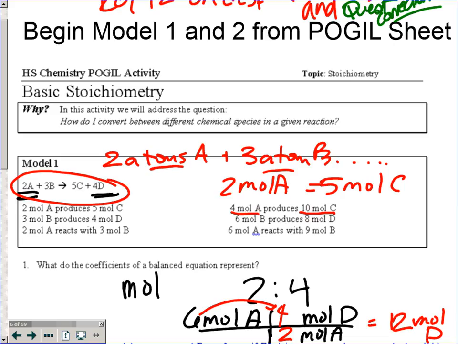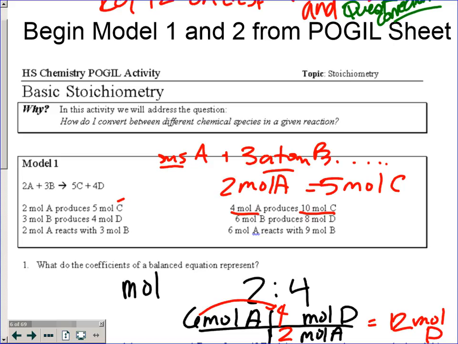If I ever want to convert from, let's say, grams of product D to grams of product A, I have to have a method to get across this reaction. I have to have a method to get from D to A. Well, what's the method? You just told me how to do it. These mole ratios.